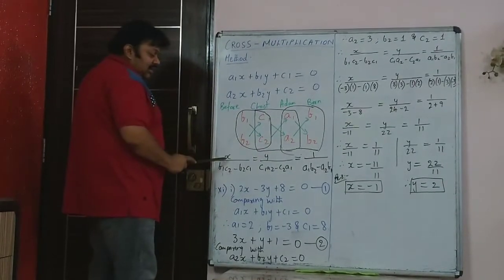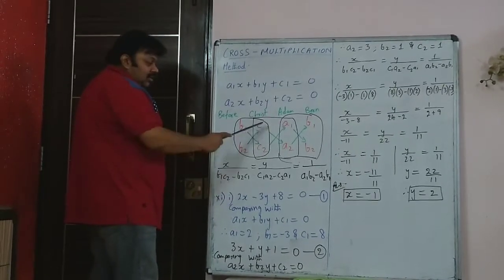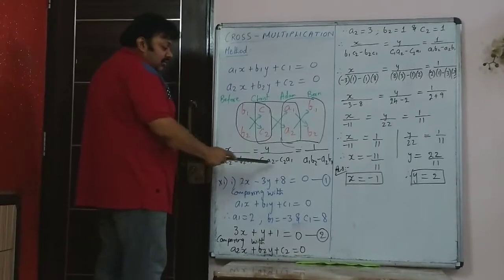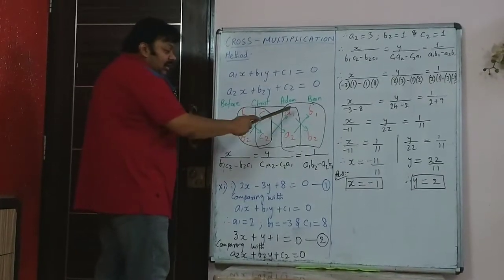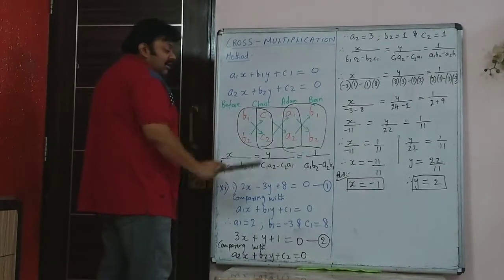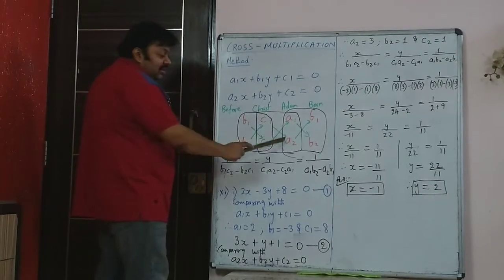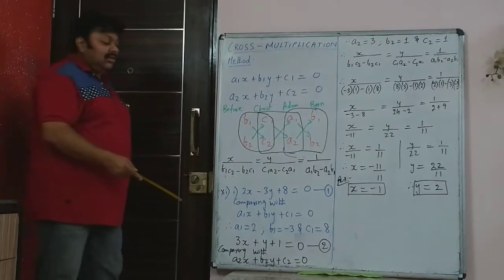So it is x upon b1c2 minus b2c1, y upon c1a2 minus c2a1, and 1 upon a1b2 minus a2b1. You will always have to start this way itself. You can't do it the reverse way because then the sign will be wrong.